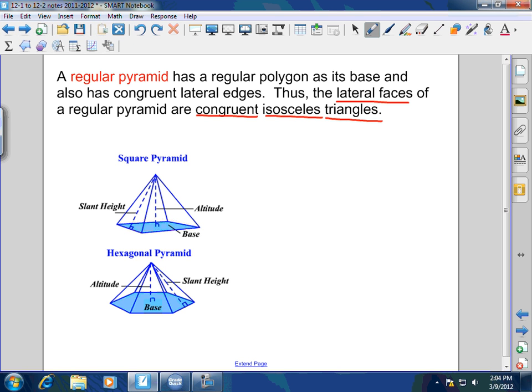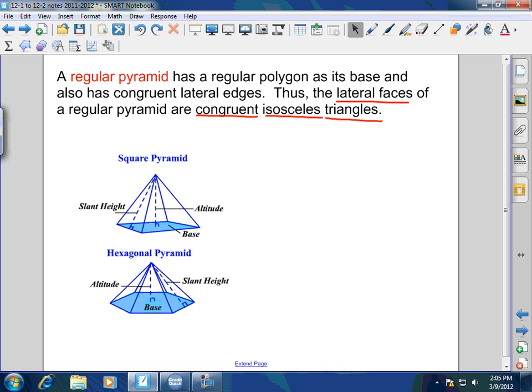The altitude. The altitude, as we know, is a vertical line that goes directly to the center of the base, creates a right angle, and it also cuts the base into perfect halves. It cuts the width into perfect half, and it cuts the length into perfect half. So that's called the altitude.